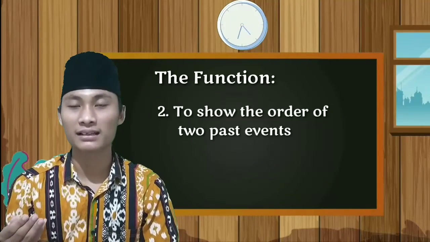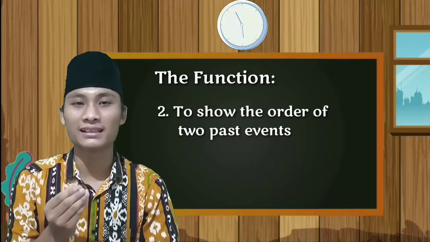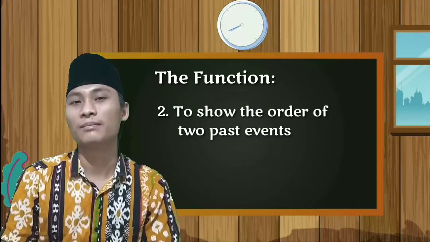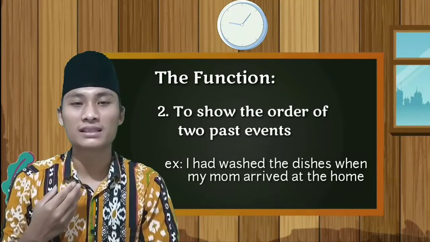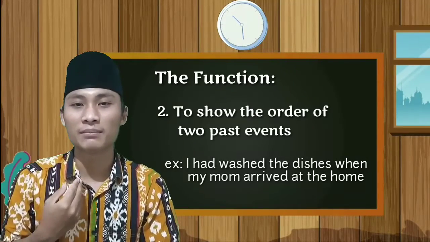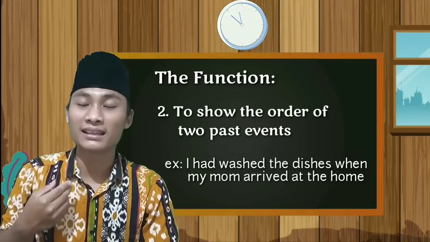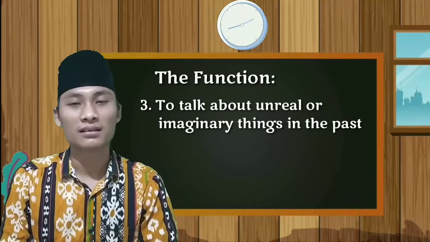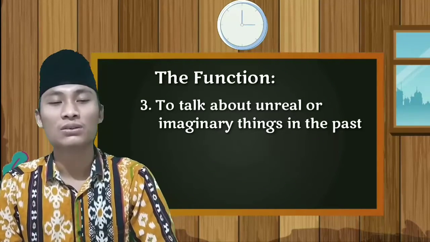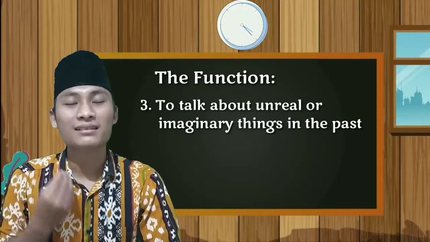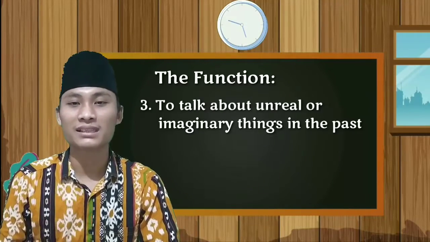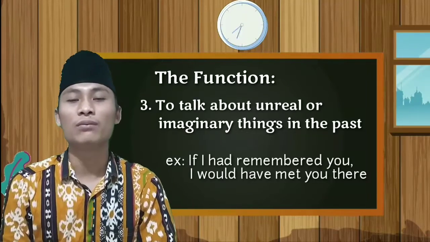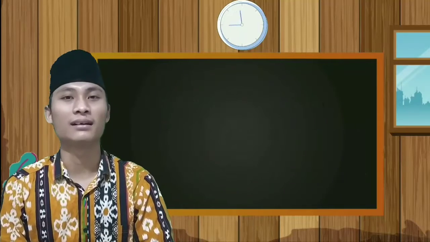The past perfect shows the earlier action and the past simple shows the later action. For example, I had washed the dishes when my mom arrived at home. The third function is to talk about unreal or imaginary things in the past. For example, if I had remembered you, I would have met you there.